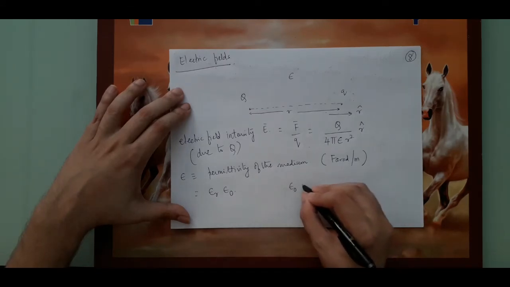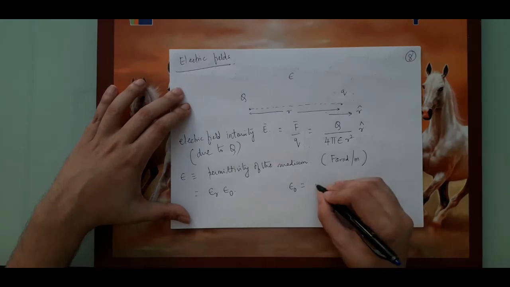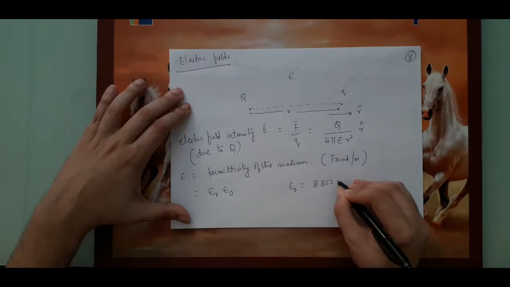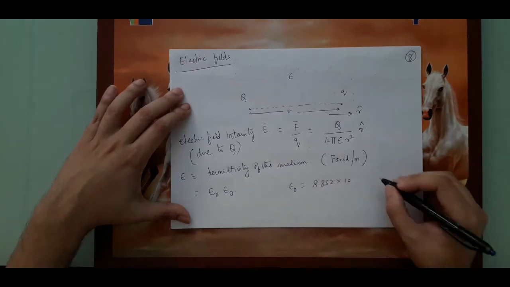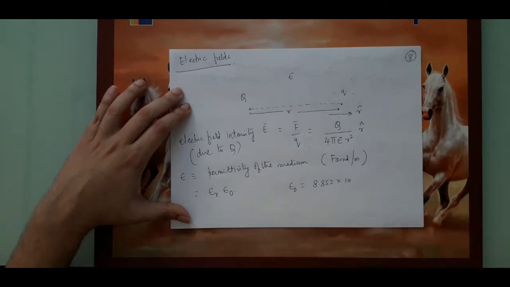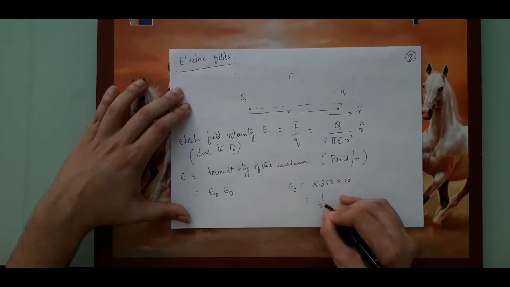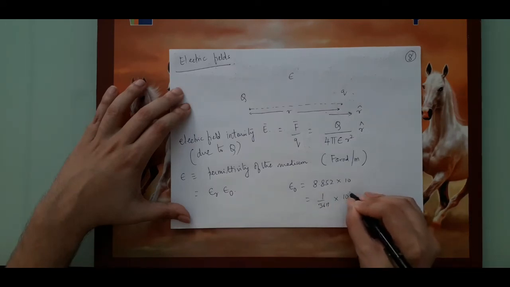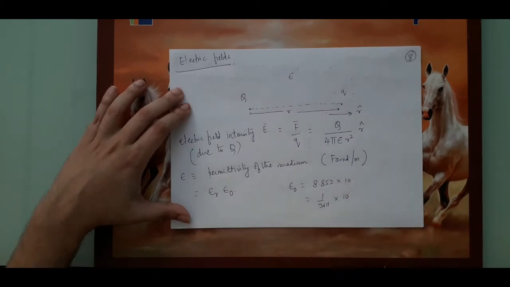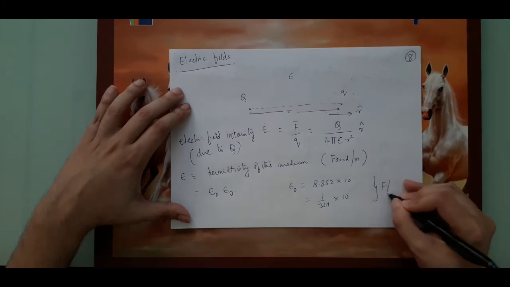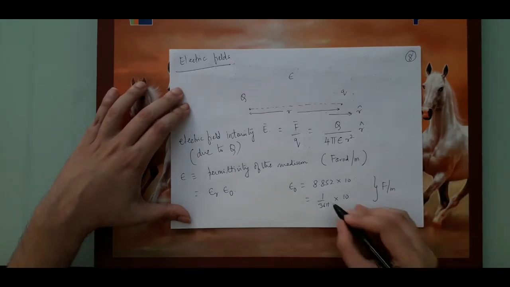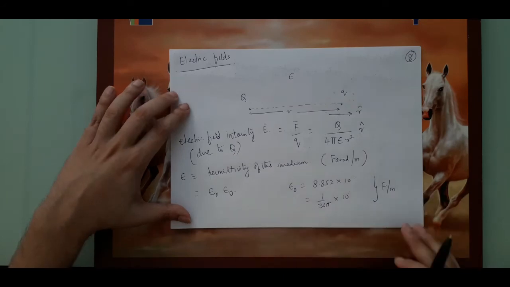Epsilon 0 is for free space. That is something like 8.852 into 10 raised to something farad per meter. The value is not important, you can look it up anywhere. This can also be written as 1 by 36 pi into 10 raised to something farad per meter. Some people find this 1 by 36 pi easier to remember.